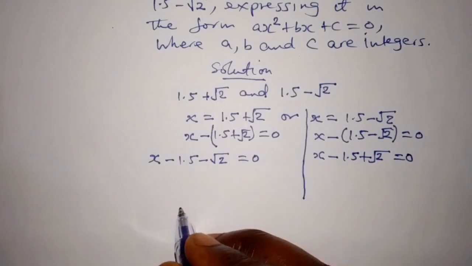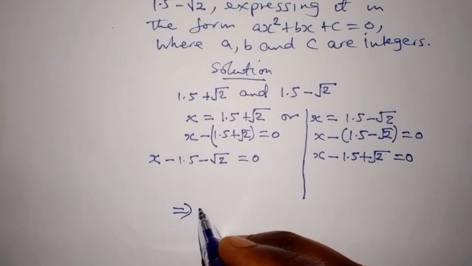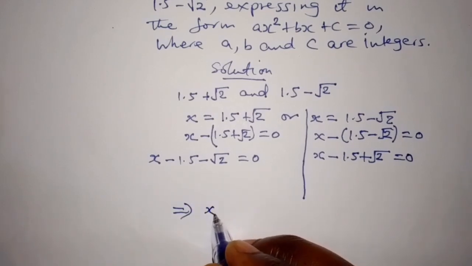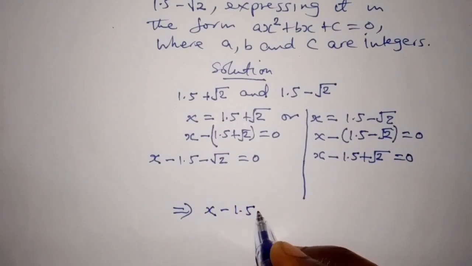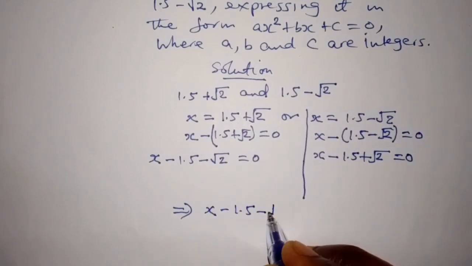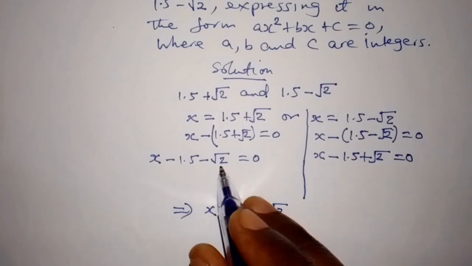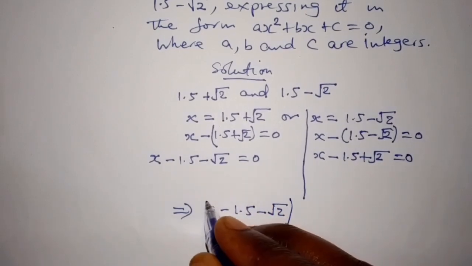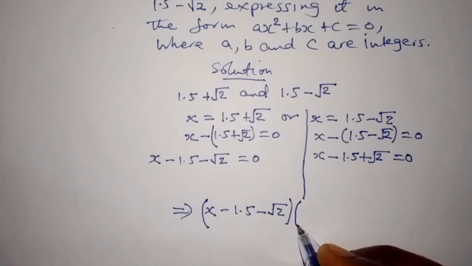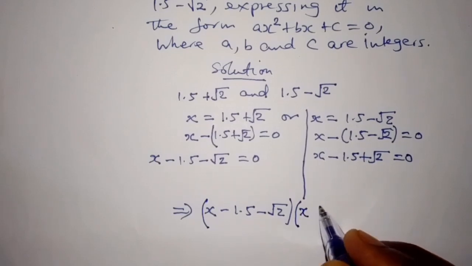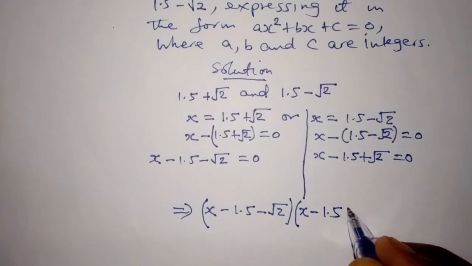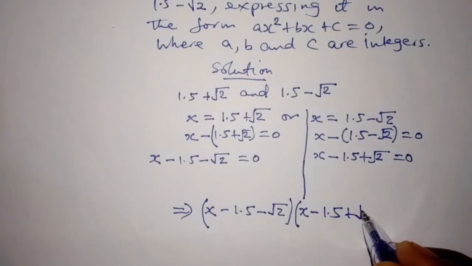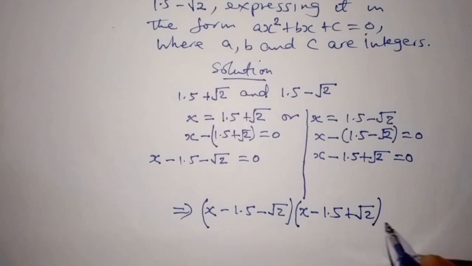This implies that x minus 1.5 minus square root of 2 here can be multiplied by x here minus 1.5 plus square root of 2 in order for us to get 0.